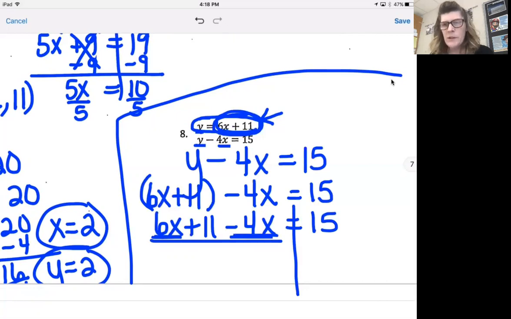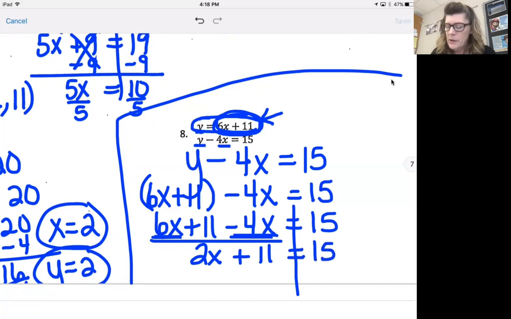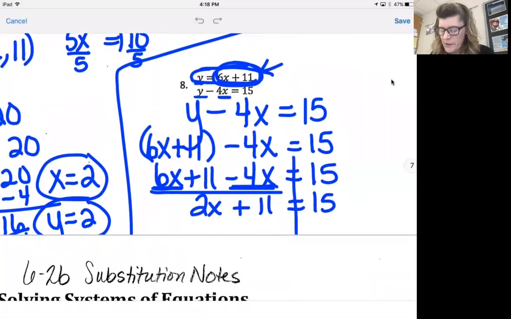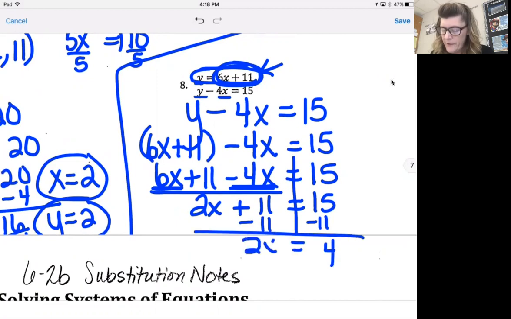So 6x minus 4x is 2x. So I have 2x plus 11 equals 15. So remember, when you stay on the same side of the equation, you just add or subtract as normal. All right, then we subtract 11 from both sides, and we get 4 over there. We divide by 2, and we get x equals 2.